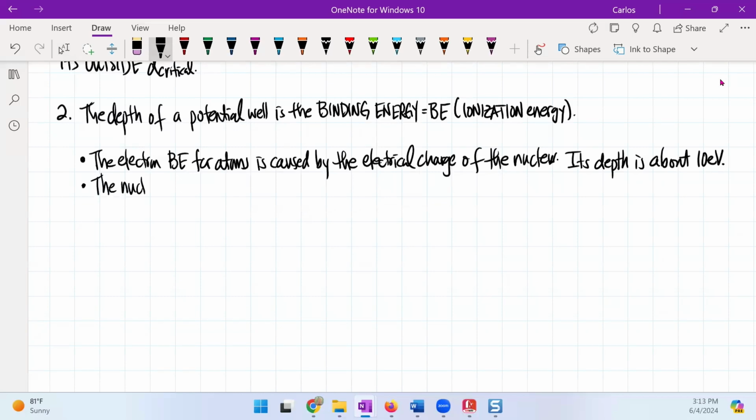The nucleon binding energy for nuclei, excuse me, let me be careful, is caused by what they call color charge.